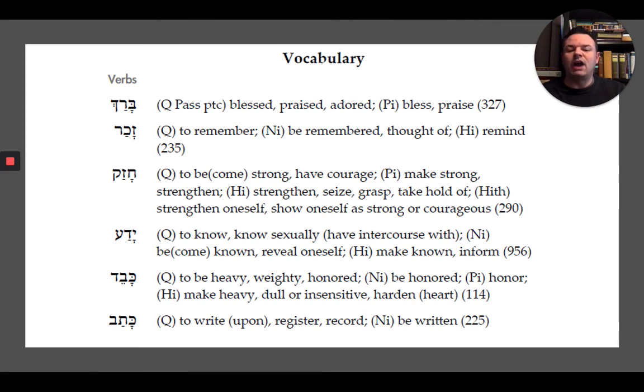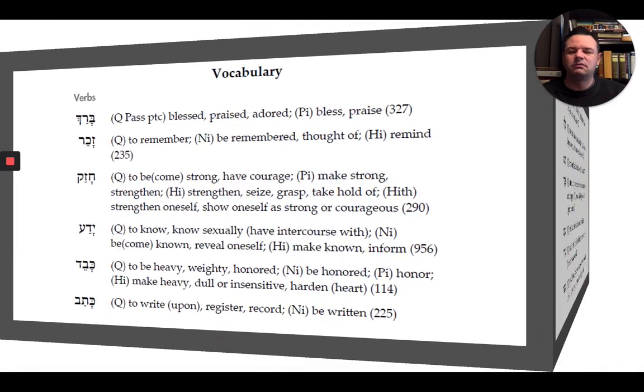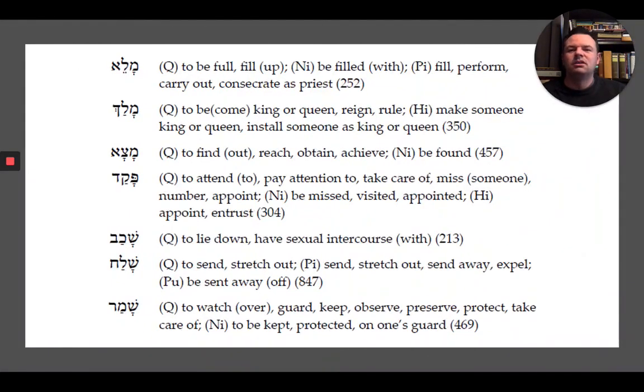Katav is to write, to register, or to record. To write, just think write as the main one. Male is to be full or to fill up. Malak is to rule or to be king. We've seen this root a lot, haven't we? Matza is to find out. Pakad is to attend or pay attention to.